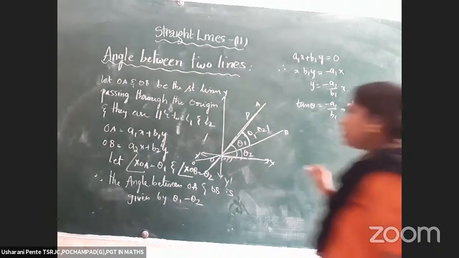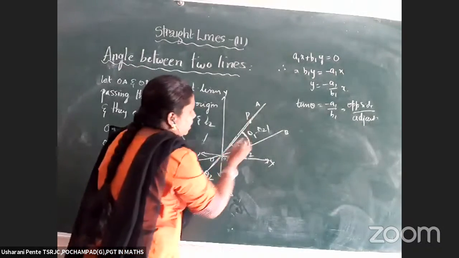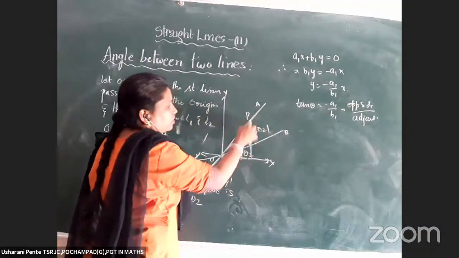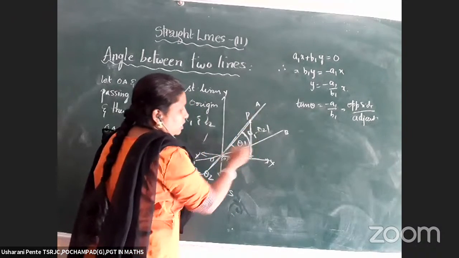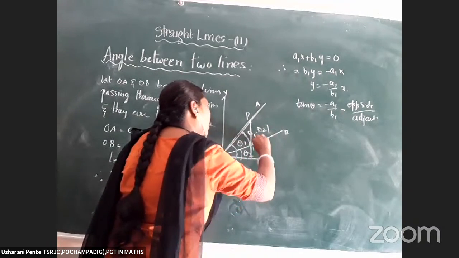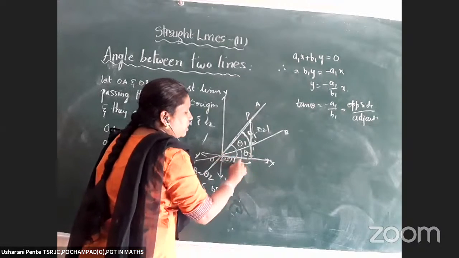So here for the point P, what are the things we can take? If this is theta, this would be my opposite side. And what is the opposite side? That is minus A1. And what is the adjacent side I have? That is B1.